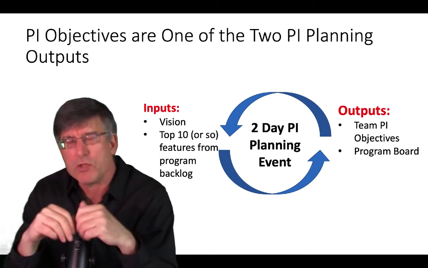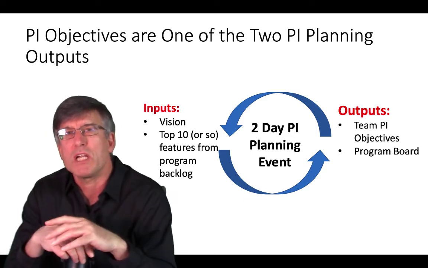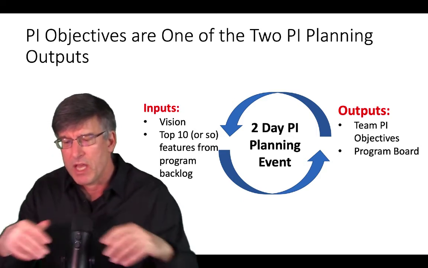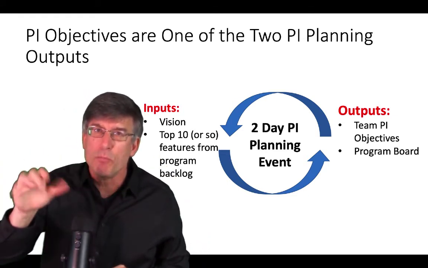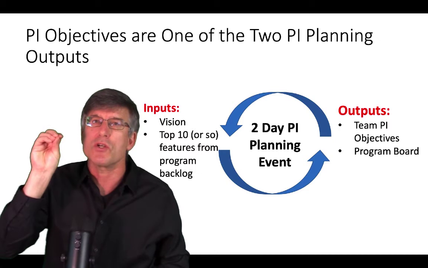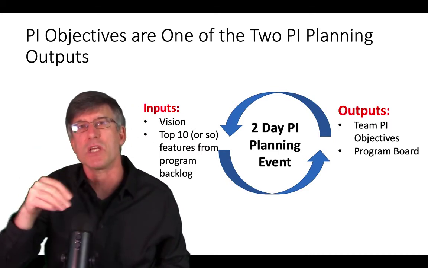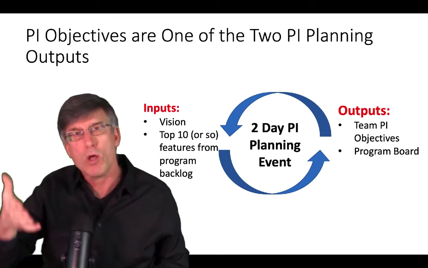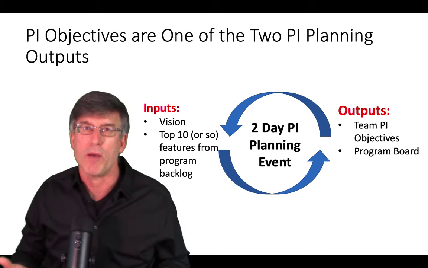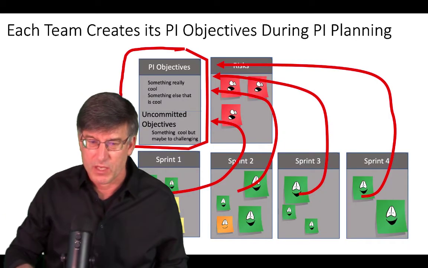But the intent is you come in, you have a vision, you have features that you would really like to get done. And what you're able to do in the 2-day PI planning event is output these PI objectives that we as the teams and overall as the Agile release train can commit to. You also get as an output the program board, which will be the topic of another video.